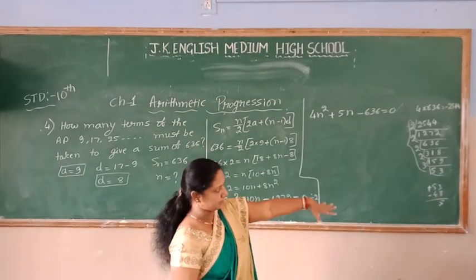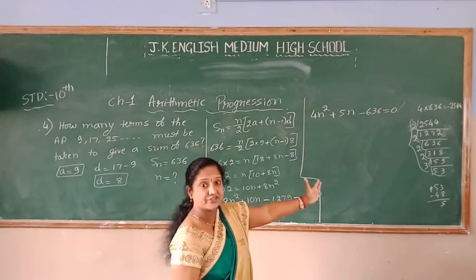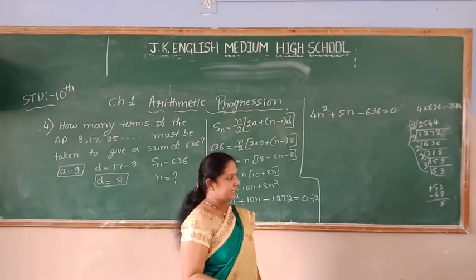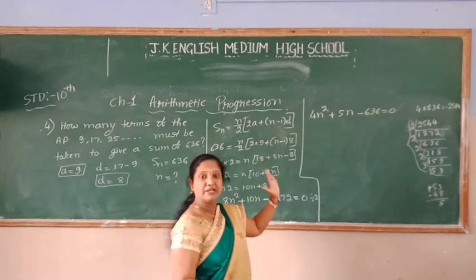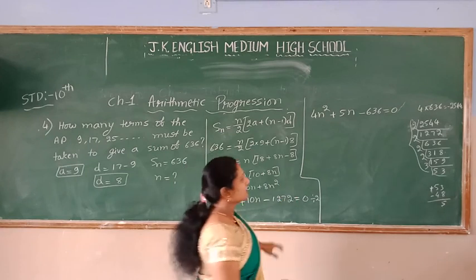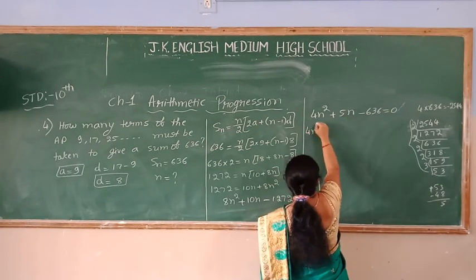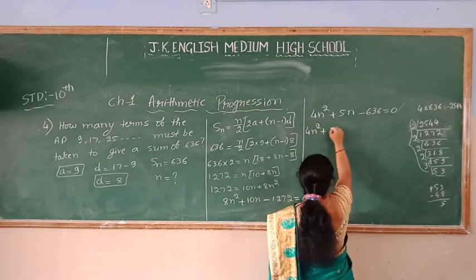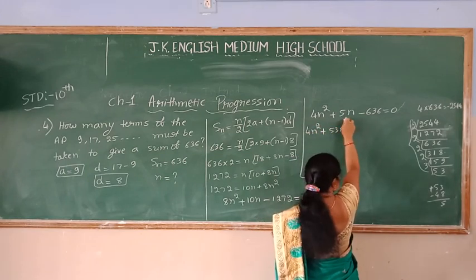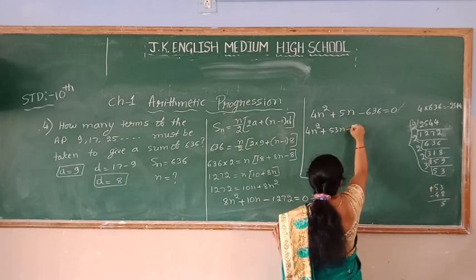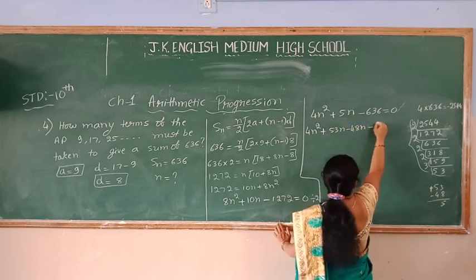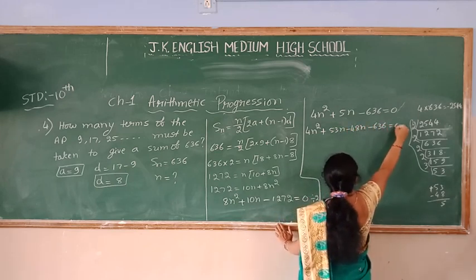I will see 53 as one group, and the remaining factors if I multiply I get 48, and according to the middle number's sign, you have to put the sign and split the middle term. First term as it is, write it. The next term is 53n. Only we are splitting the middle term. Then minus 48n minus 636 is equal to 0.